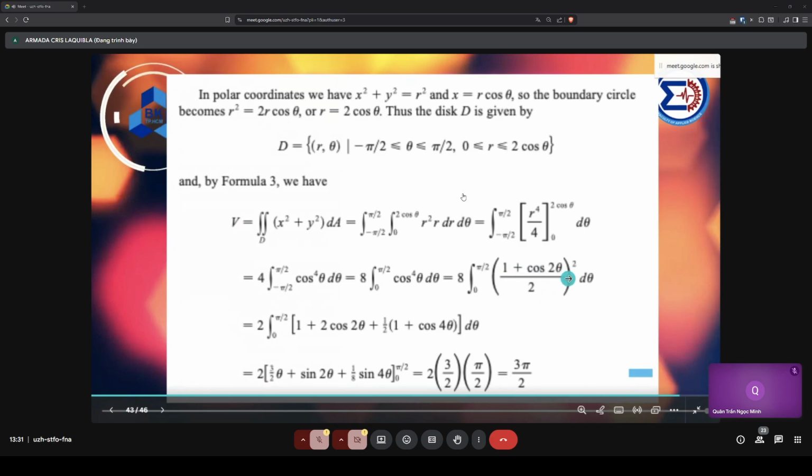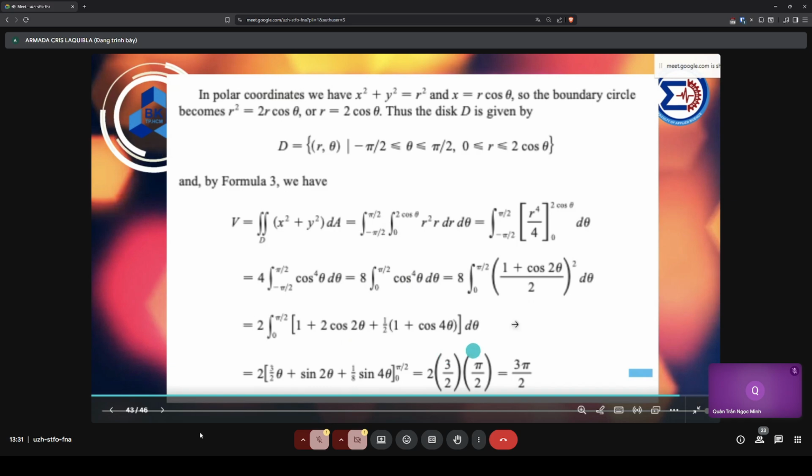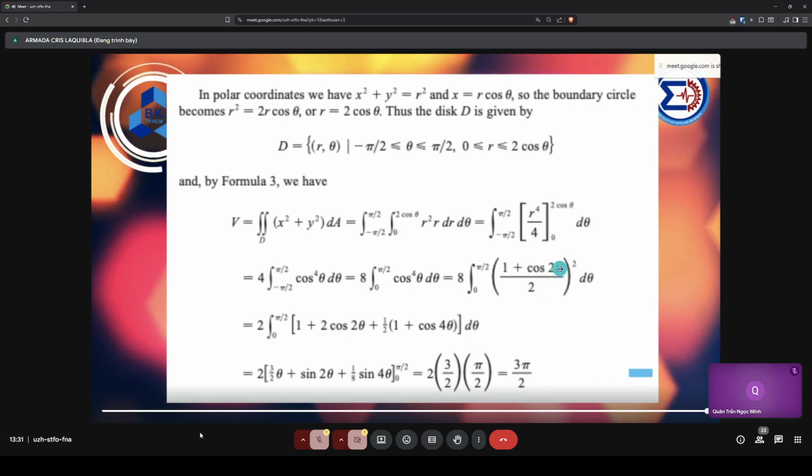Now you square this. What is the square of 1 plus cos 2 theta? If you square that, 1 squared is 1. And then cos 2 theta times 1, then another cos 2 theta times 1. We have there 2 cos 2 theta. Then plus the cos squared 2 theta. Correct? Because you square the cos 2 theta.